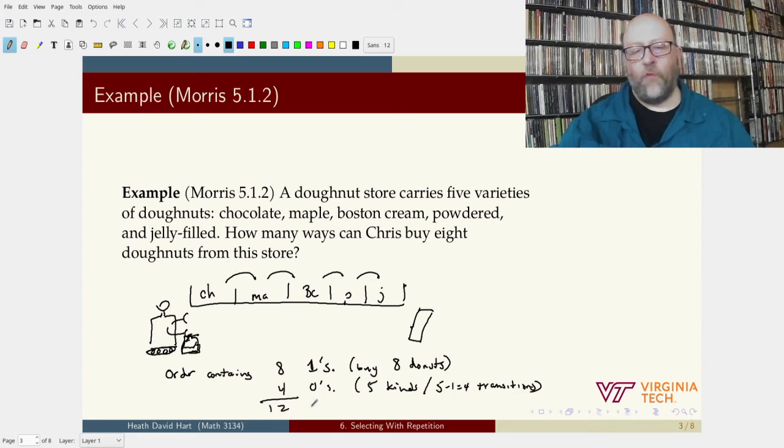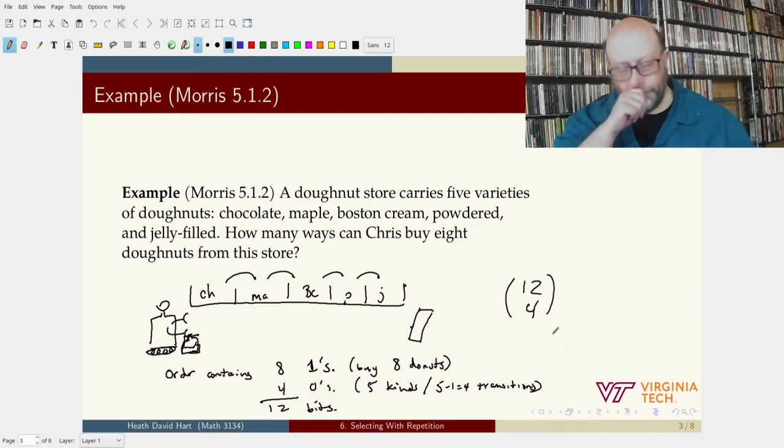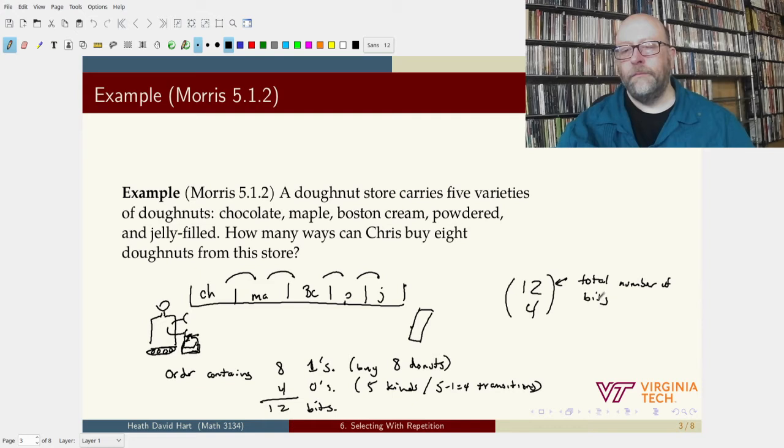That's a total of 12 bits total. And so we have 12 bits in our order, and we have to choose 4 of them to be zeros. The total number of bits, how many zeros to choose. Okay.